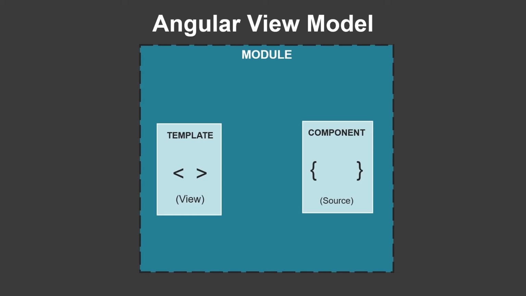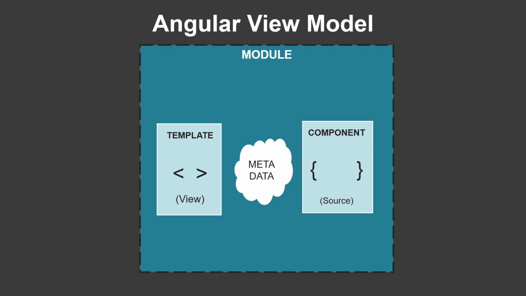But how do these two pieces, the template and component, talk to each other? It's through metadata. So the metadata lets the template and the component talk to each other. Otherwise, how do you know which template to talk to or which component to send data to? So when they're talking to each other, I'm referring to data binding.